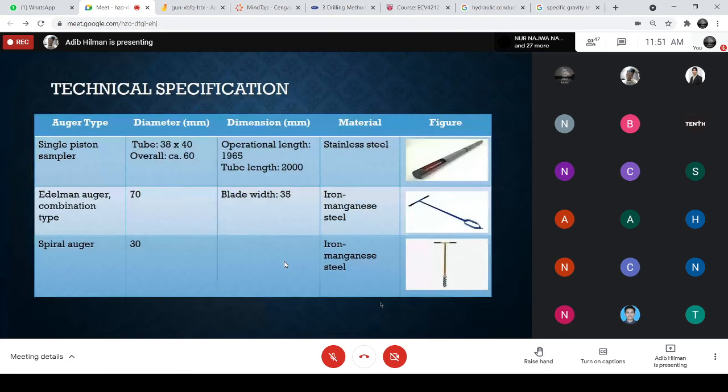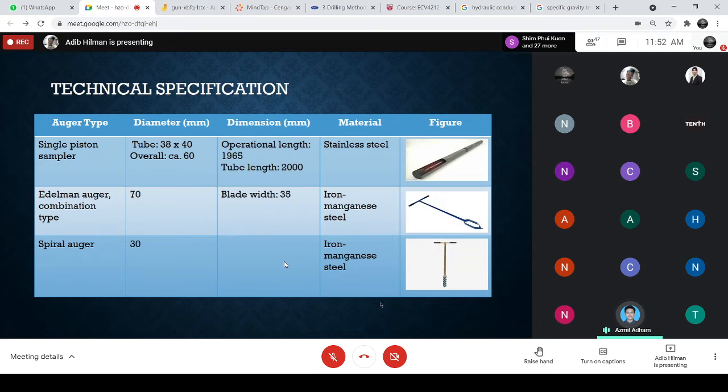Thank you, Adib. So for the technical specification, there are 3 types of auger. First is the single piston sampler, second is the Edelman auger combination type, and third is the spiral auger. For the single piston sampler, the diameter of the tube is basically 38 by 40 mm, and the overall diameter is 60 millimeter.